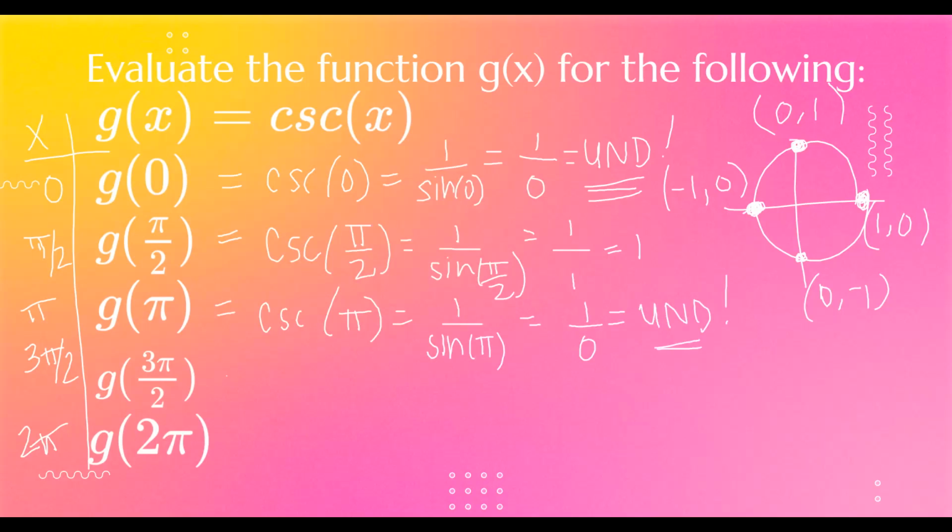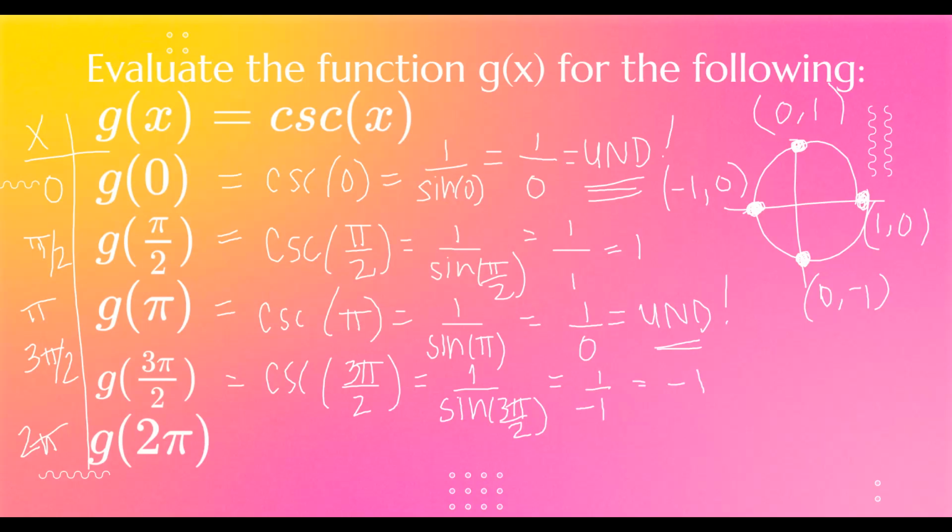G of 3 pi over 2 is going to give us cosecant of 3 pi over 2. But cosecant is reciprocal of sine. So it's really 1 over sine of 3 pi over 2. And sine at 3 pi over 2 is -1. So I have 1 divided by -1. Luckily, 1 divided by -1 just gives us -1.